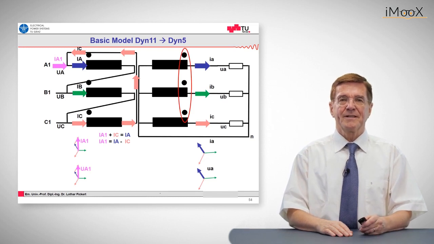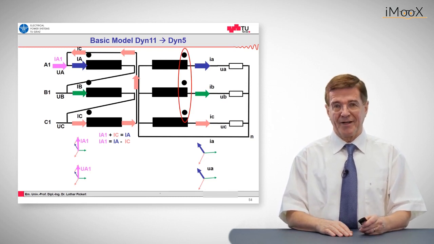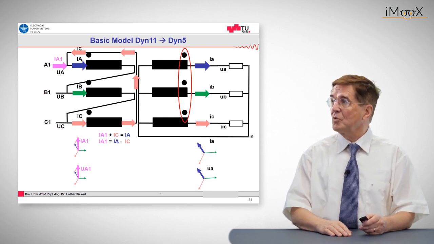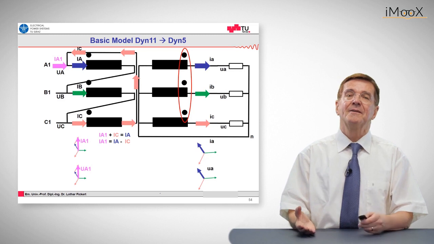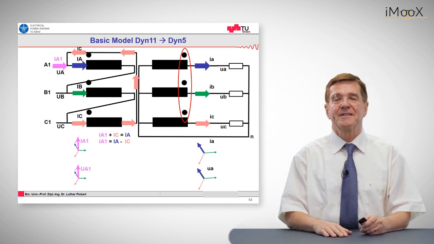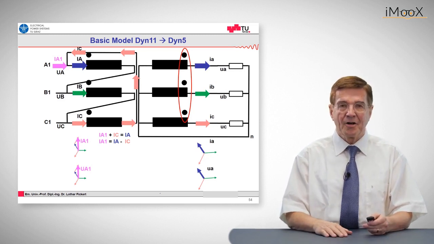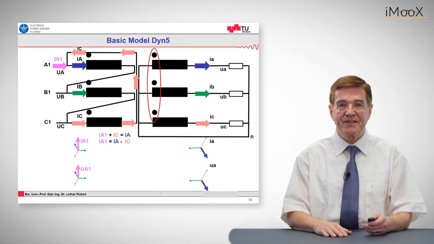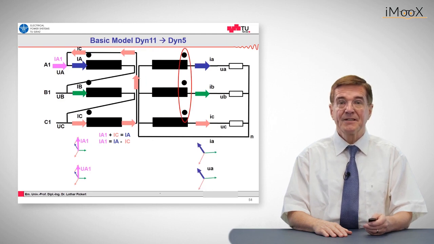Now the next one is the most usual one, that is dyn5. So again we have the previous one, and now we shift the polarization of the secondary winding in the opposite direction. You see, it was like this before, now we have changed this and see what happens to the currents.